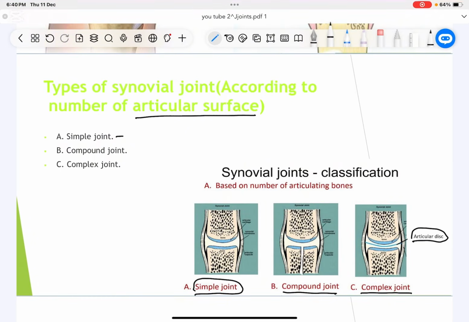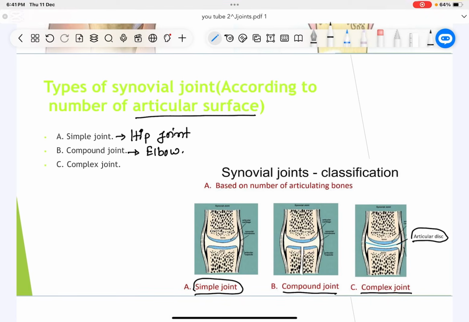Here we may be asked to give an example of a simple joint, a compound joint, a complex joint. Simple joint we can say simply hip joint or shoulder joint. In the hip joint, we see the acetabular cavity of the hip bone and the head of the femur, only two articular surfaces, simply making the joint. For a compound joint, we can say elbow joint.